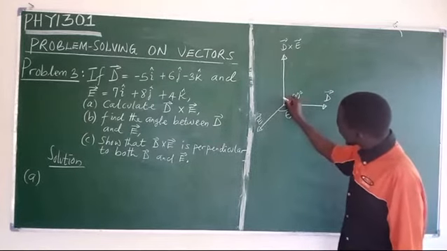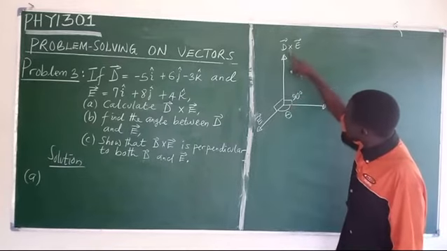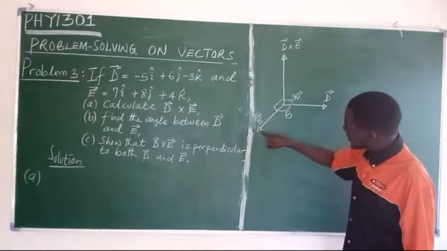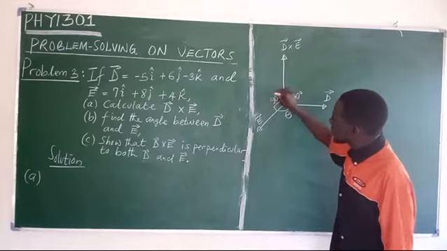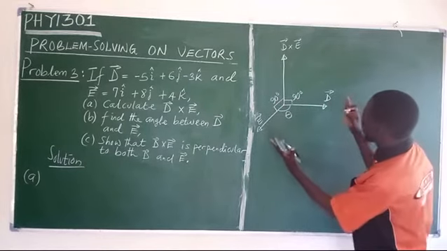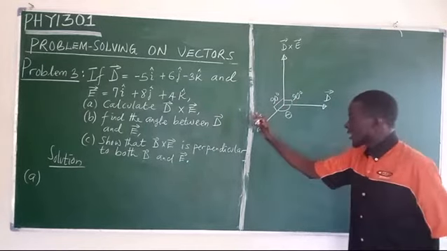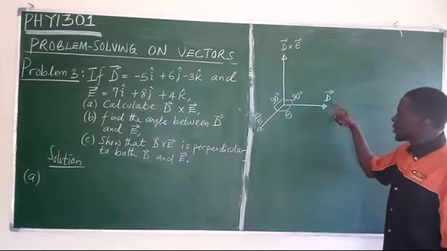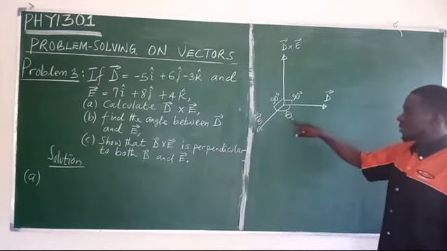And then again, the angle between this D cross E and E is also 90 degrees. This way, it is perpendicular to both D and E, and we know the angle between D and E is theta.